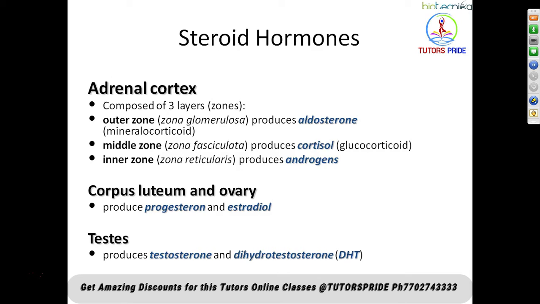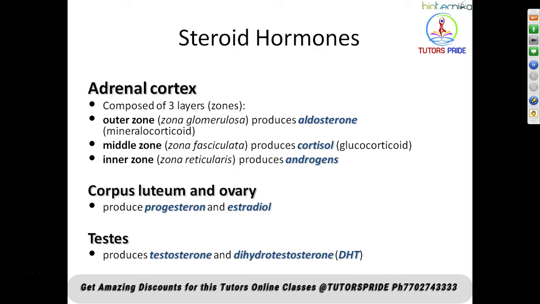One is your adrenal cortex, composed of 3 layers. What are those? You don't remember what they consist of. Okay, so this adrenal cortex generally has 3 zones: your outer zone, middle zone, and inner zone.